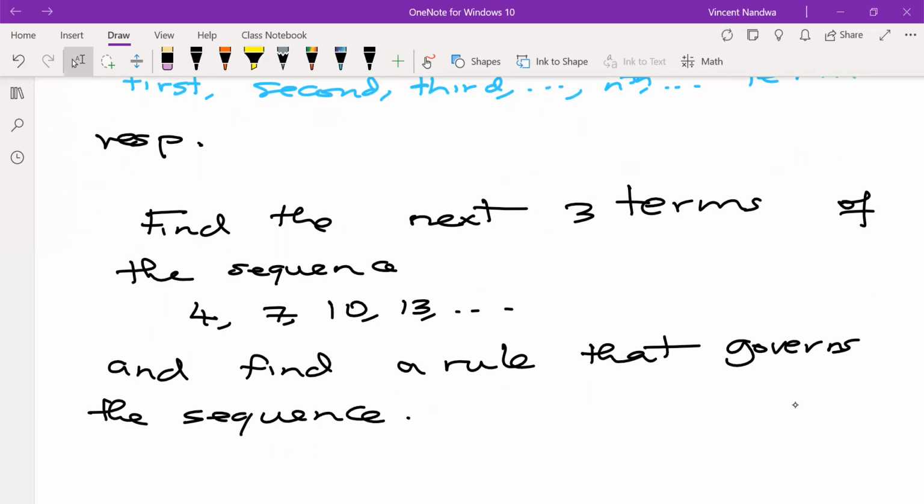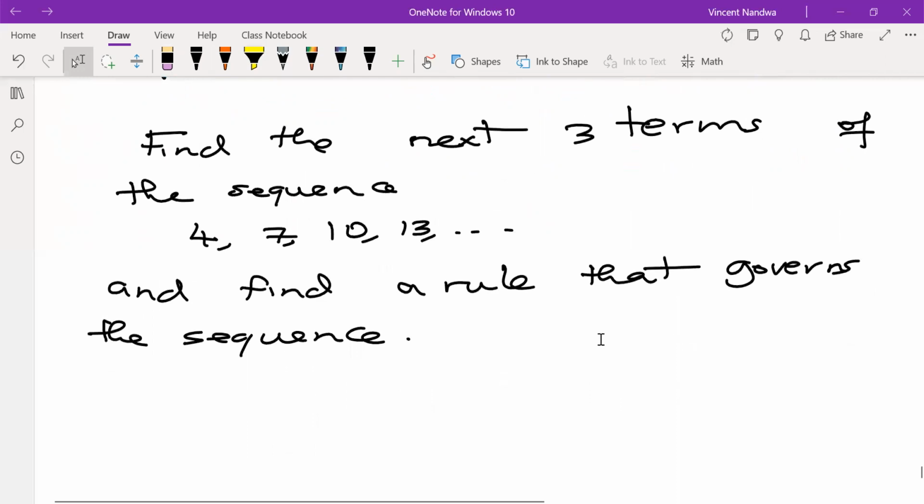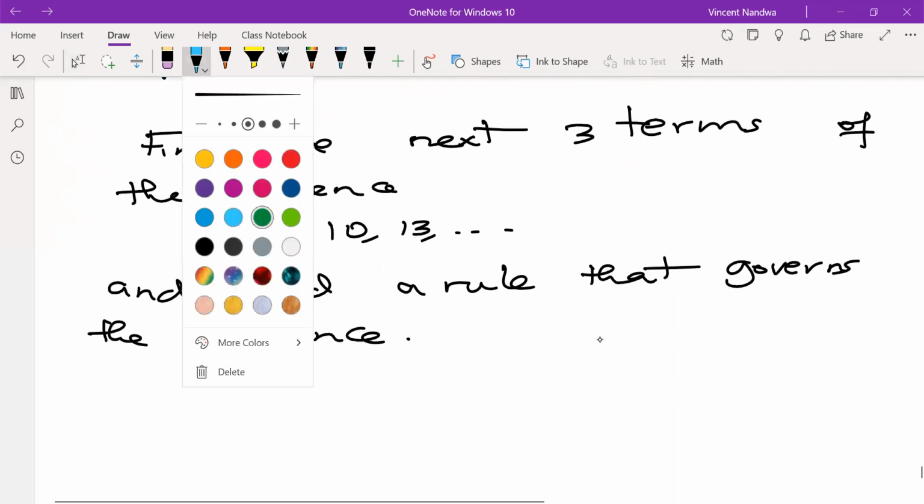So it's to find the next three terms of this sequence, and then to find a rule that governs any general or arbitrary term in the sequence.